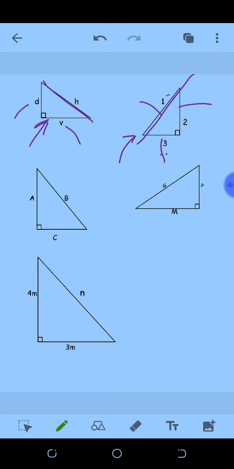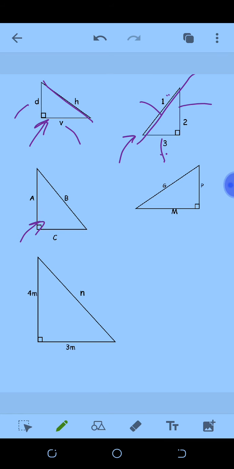So what is Mr. Pythagoras saying? Okay, coming back here, Mr. Pythagoras is saying the square of the hypotenuse. Where is the hypotenuse, first of all? Considering this one, the hypotenuse is B, right?